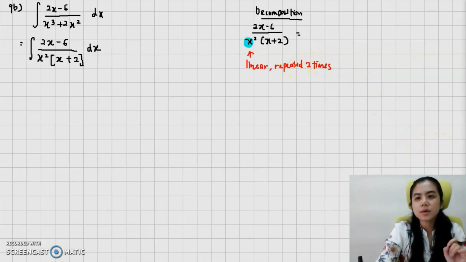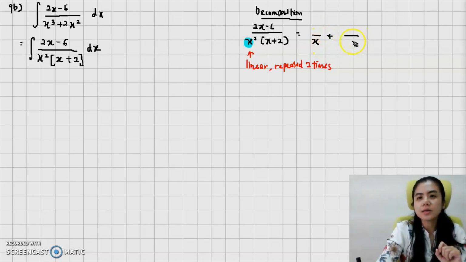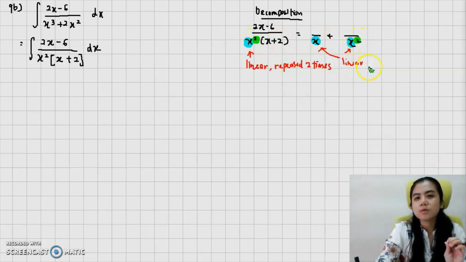If you consider it that way, your rational function will have one linear x here and another linear x, up to the highest power of the linear function, which is power of 2. So this is linear, and this is also linear. We consider all of them as x, but repeated until x power 2.